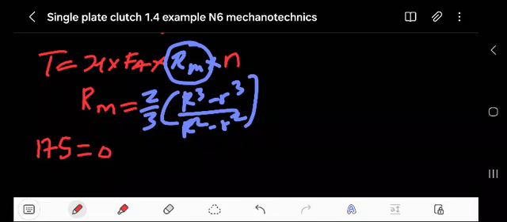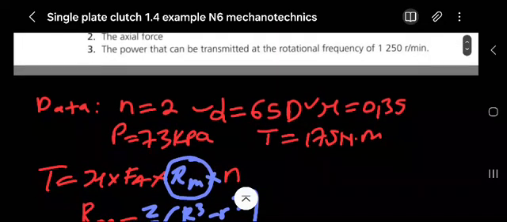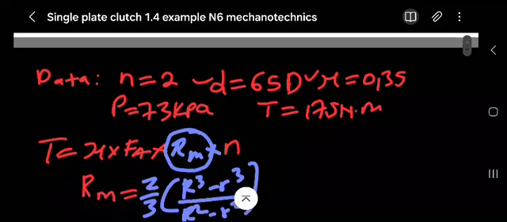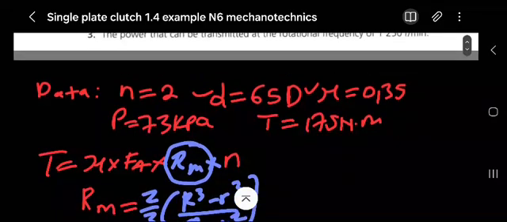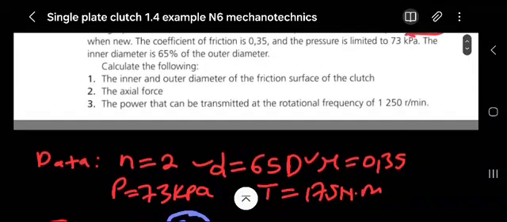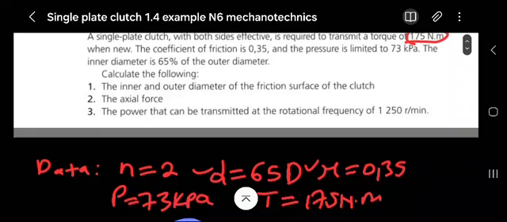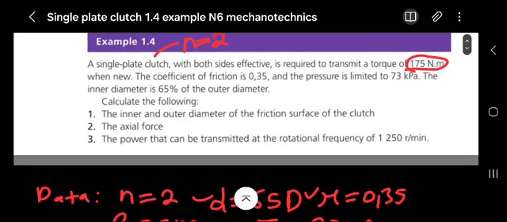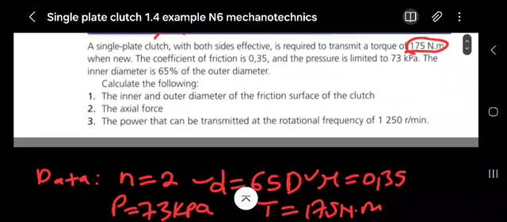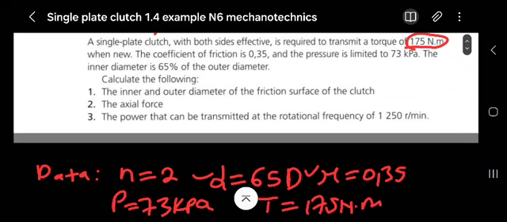Coefficient of friction is 0.35 multiplied by axial force. Are we given Fa? We are not given Fa.